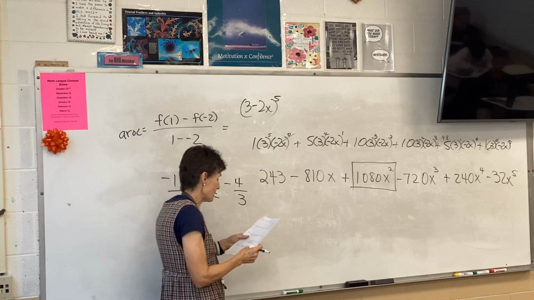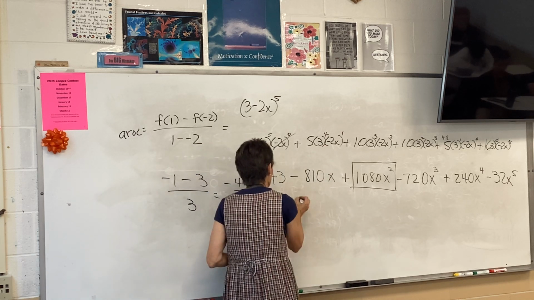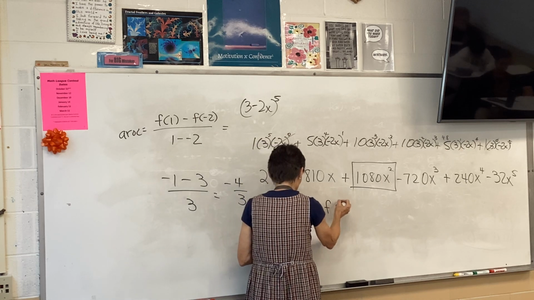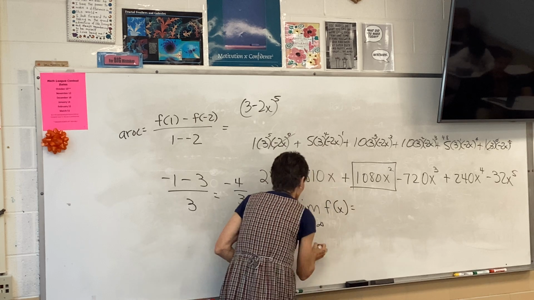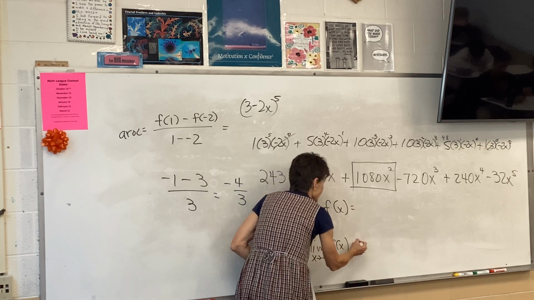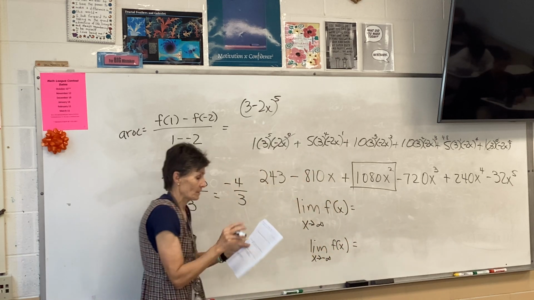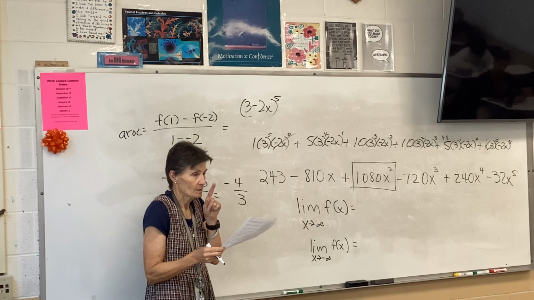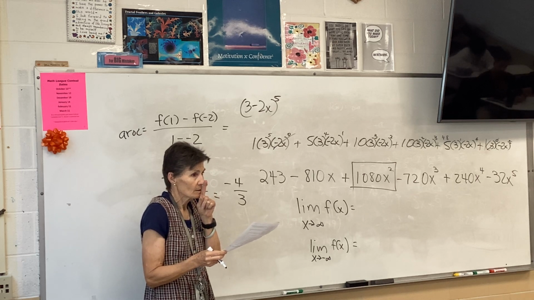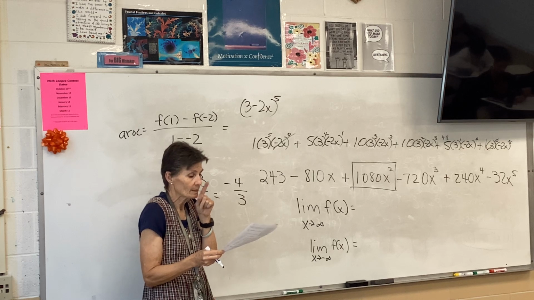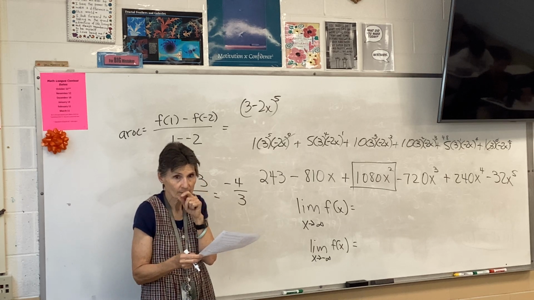All right, use limits to describe the end behavior of this. So the limit as x approaches infinity, and the limit as x approaches negative infinity. This is an easy question because look at your polynomial. It has a negative coefficient and an odd degree.